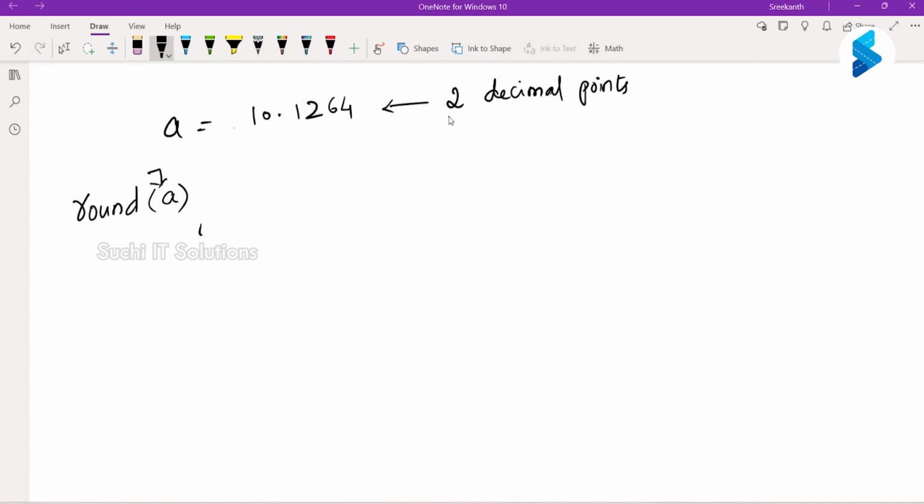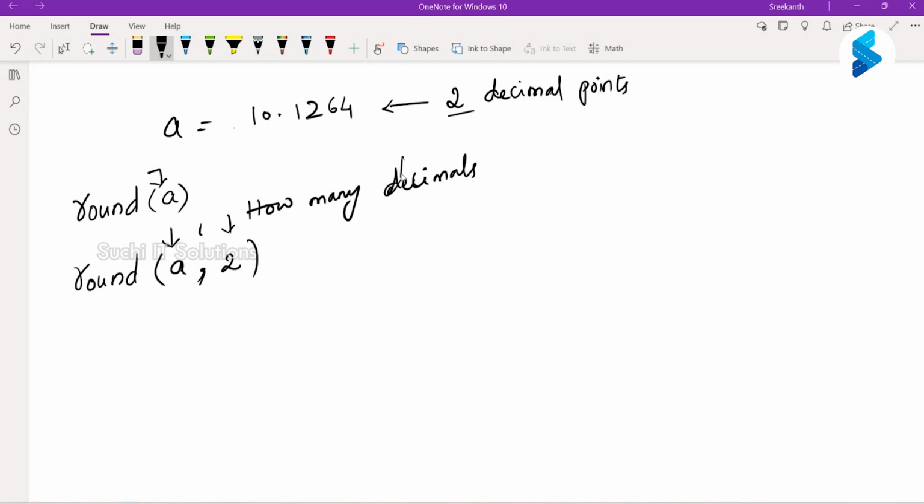Since I want 2 decimal points, I'll say comma 2. The first one is the value that you have to round, and the second is the parameter where we specify how many decimals.